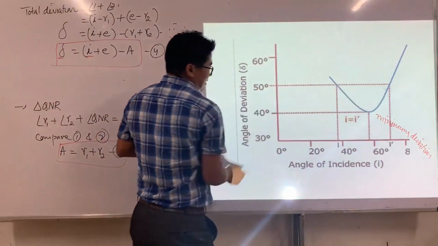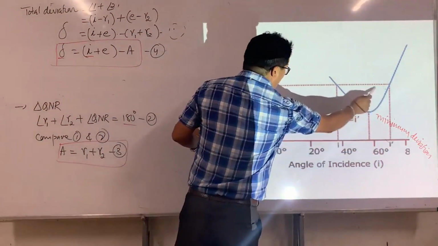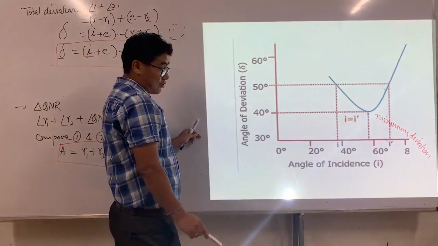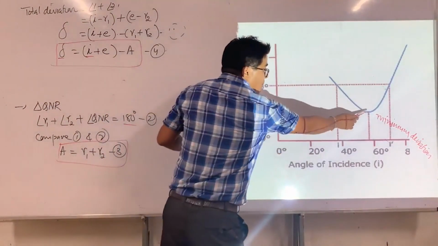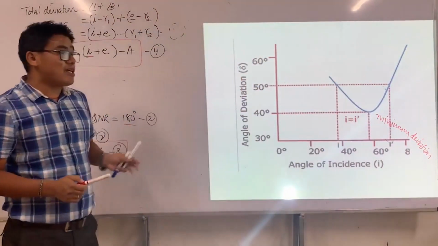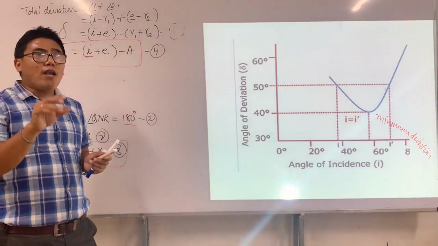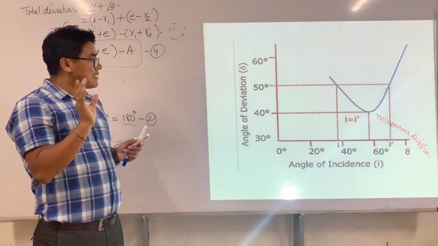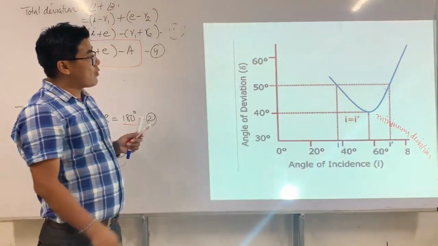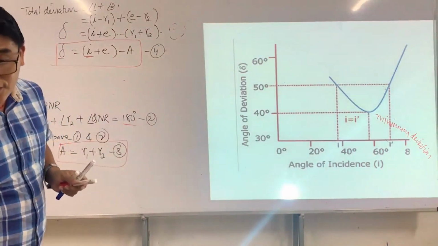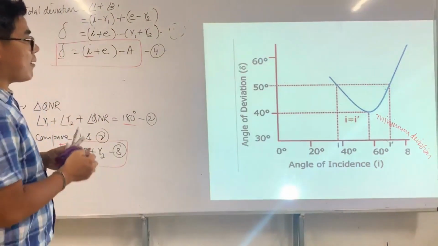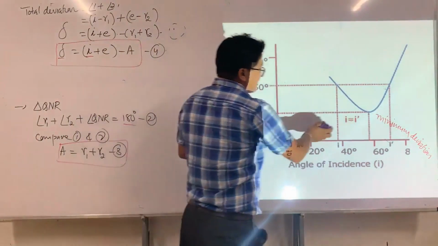I have two angles of incidence corresponding to one angle of deviation. However, minimum deviation corresponds to only one particular angle of incidence. So this is how we get it when we plot a graph. This is what we have in our practical also. You are going to do this.